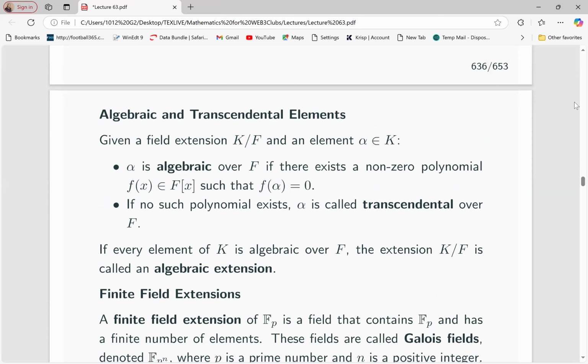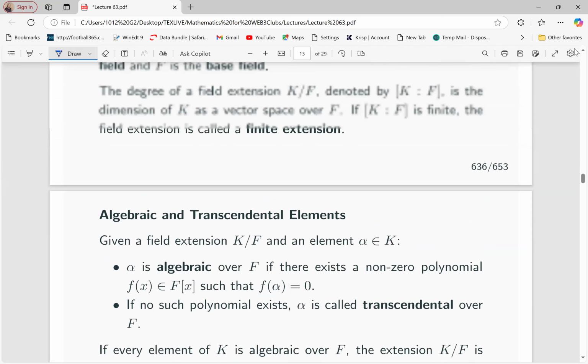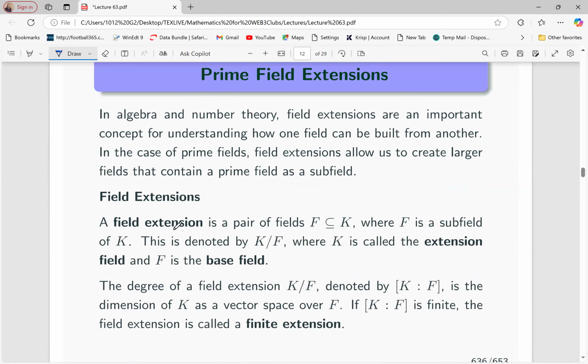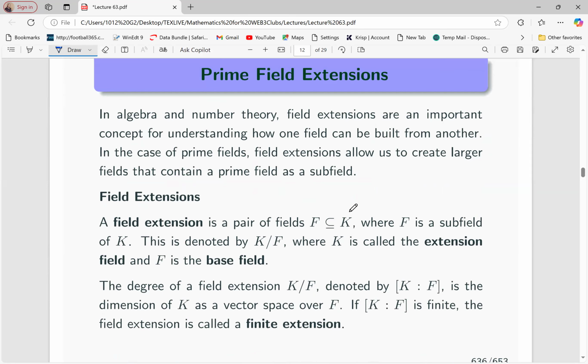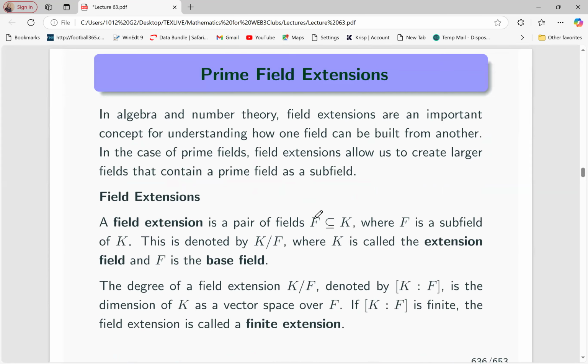Now, the rest are just notations. K is the subfield. A field extension by definition is a pair of fields where one is a subfield of the other.